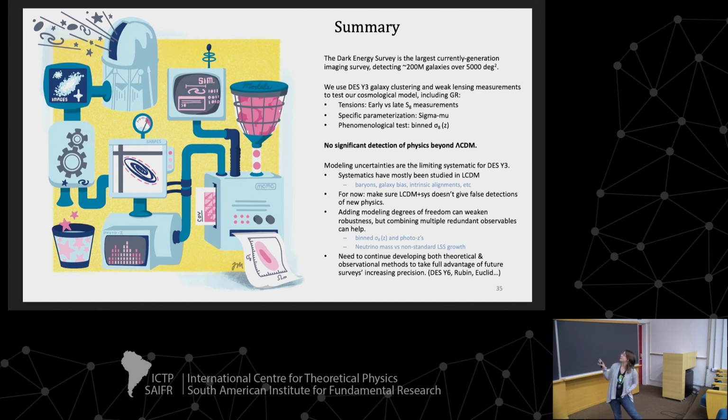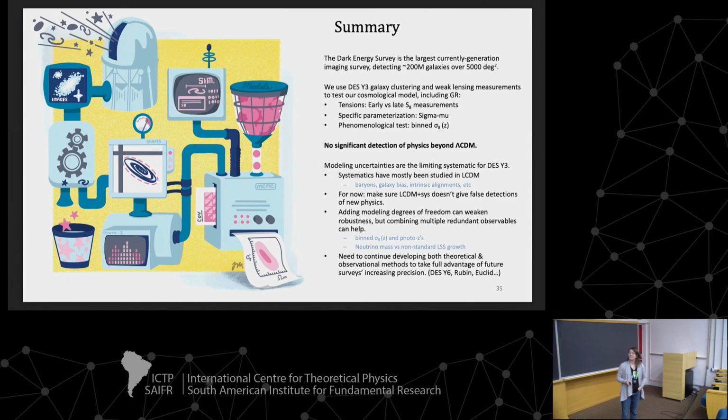But the summary is here just to say that in DES, we use galaxy clustering and weak lensing. There are a lot of approaches we can use to test general relativity as part of our lambda CDM cosmological model, and when we start looking at extended models, we have to really take a close look at how we handle systematic uncertainties related to both measurements, like our redshift distributions, and astrophysics, like baryon feedback.